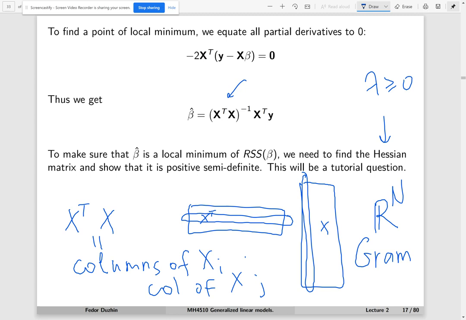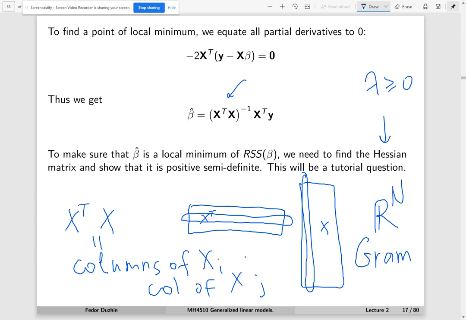So notice that in order to show that we have a local minimum, we want to find a Hessian matrix and show that the Hessian matrix is positive semi-definite. So here we're talking about something else, the gram matrix, and the gram matrix is always positive semi-definite. So maybe it's a hint how to prove that the Hessian matrix is positive semi-definite.